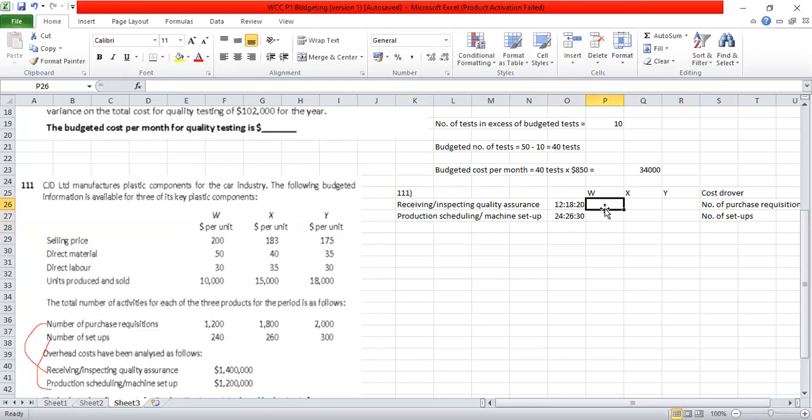So let's take it up. 1,400,000 is equal to 1,400,000 into 12.